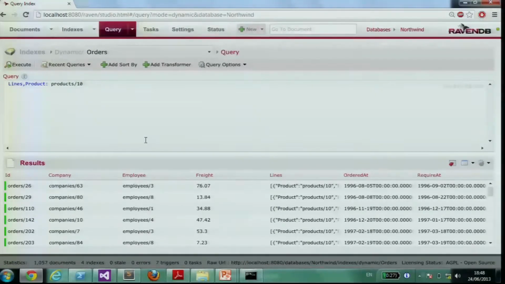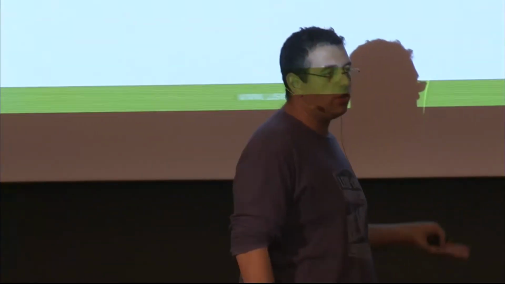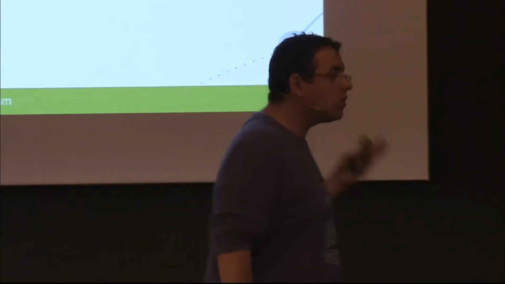I'm saying, give me all of the orders, lines that have product, which is product number 10. Okay? So just to give you some idea, this is done on unstructured data. And this is done in a way that is really good to work on for production. So when you go to production, you don't have, oh my God, what just happened?